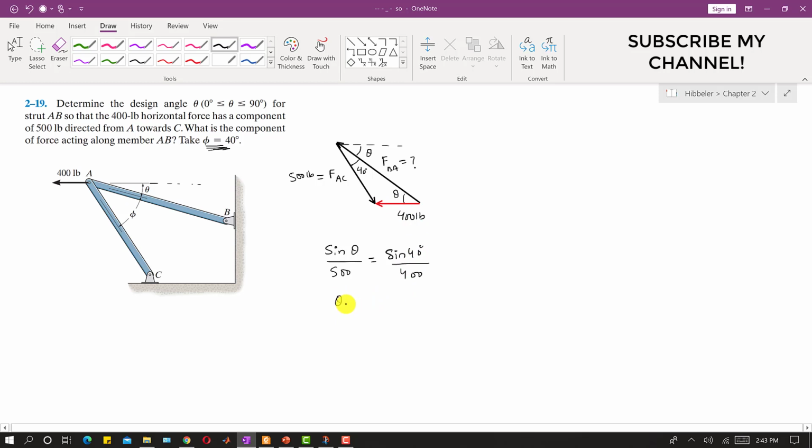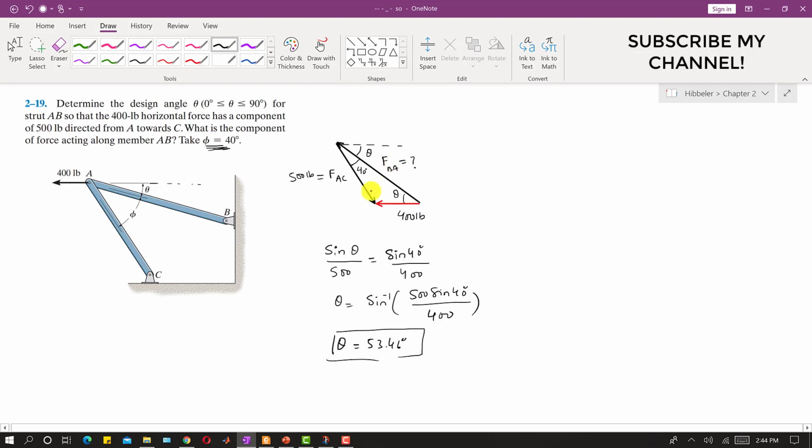So then this theta is sine inverse of 500 sine of 40 degrees divided by 400. So this will give us that theta which is required in this problem. So this theta comes out to be 53.46 degrees, right? And now when we know this theta, then we can find this FBA.